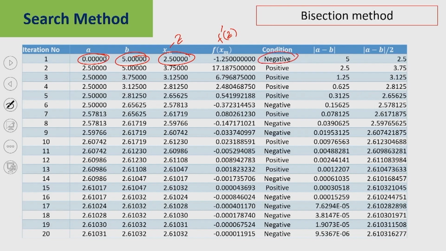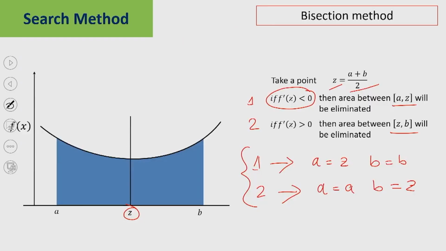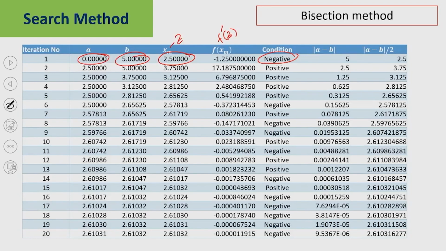If it is less than 0, that means condition 1, that means a equal to z and b equal to b. Okay. So, in that case, because it is negative, the first condition is true. Therefore, a equal to z. So, a equal to z means z here is 2.5. So, this value is coming here, a equal to z, and b will be unchanged.